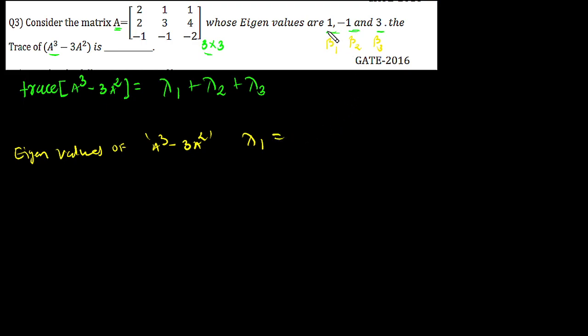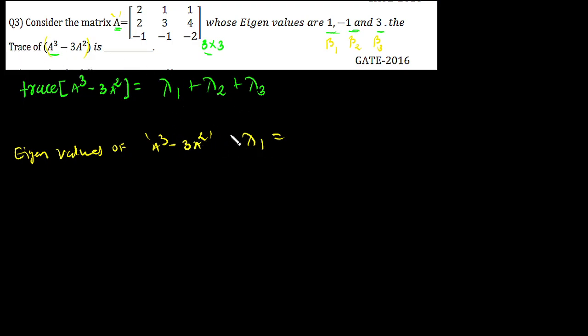Here use this beta 1 and just replace A with the beta 1 value. This is the property for eigenvalues: if beta 1 is an eigenvalue of A, then to get the eigenvalue of the resultant matrix, we replace the matrix A with the eigenvalue of the initial matrix A. After that we end up with the eigenvalue of this whole matrix.